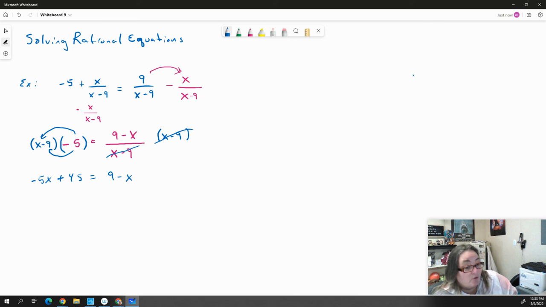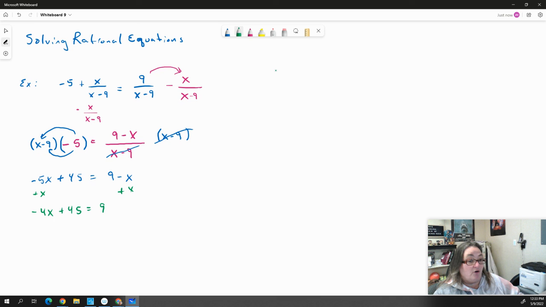And now this is a more familiar solvable problem. Now we just get all our x's to one side and everything else to the other, and we know how to solve this problem, right? I'm going to start by moving this x over. I'm just going to add x to both sides. And I get -4x plus 45 equals 9.